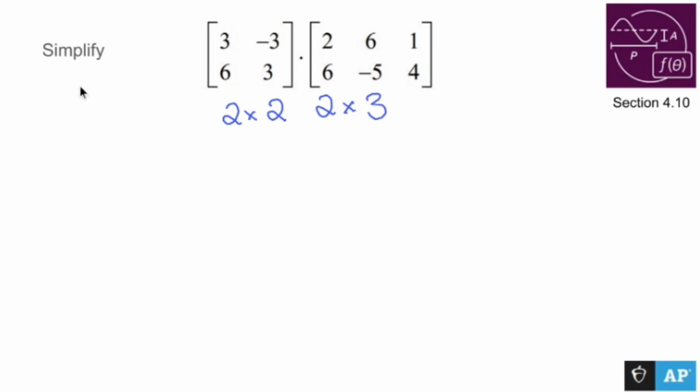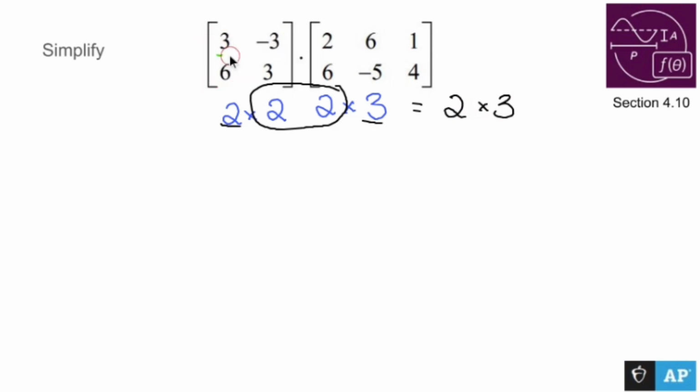In order for you to be able to do it, the number of columns of the first matrix and the number of rows in the second matrix have to be the same number, and they are. The resultant matrix is going to end up being the outside numbers, a 2 by 3 matrix. So we are able to do this.